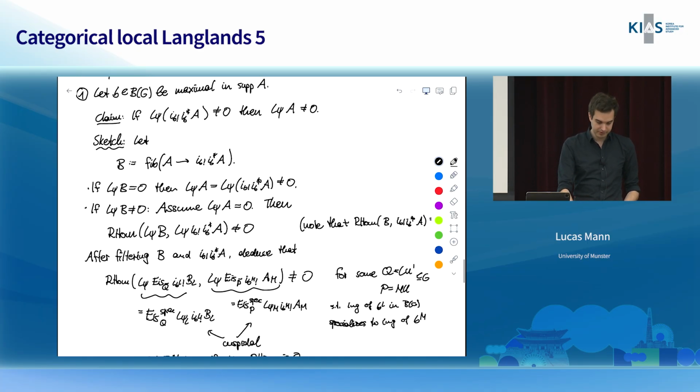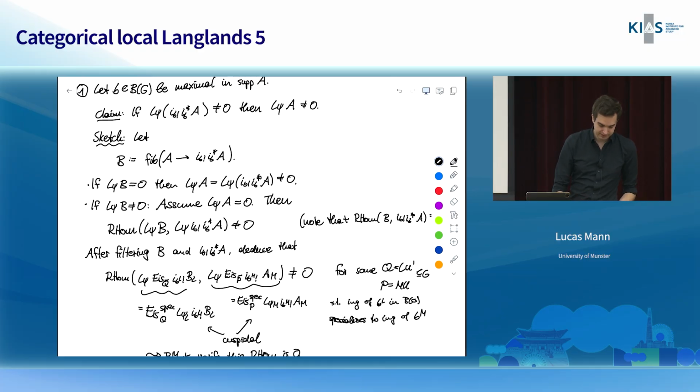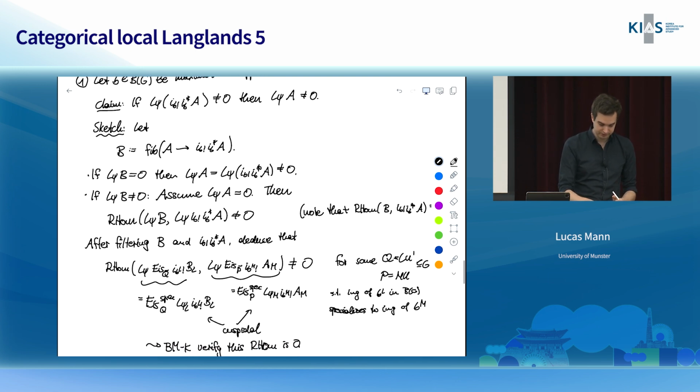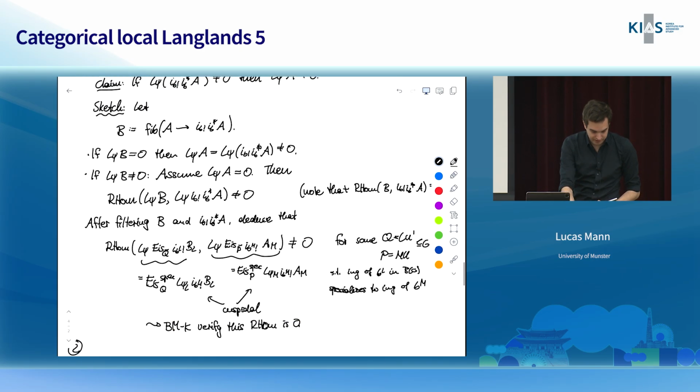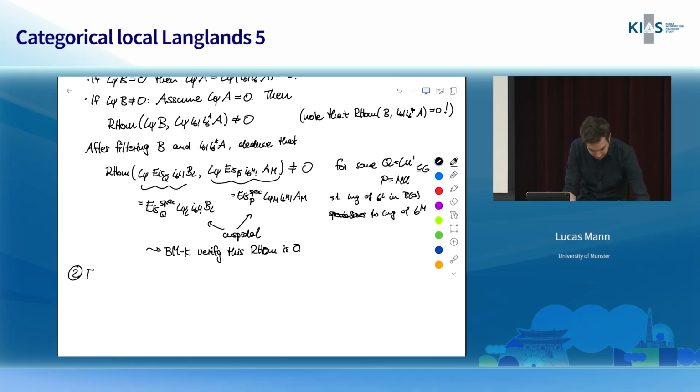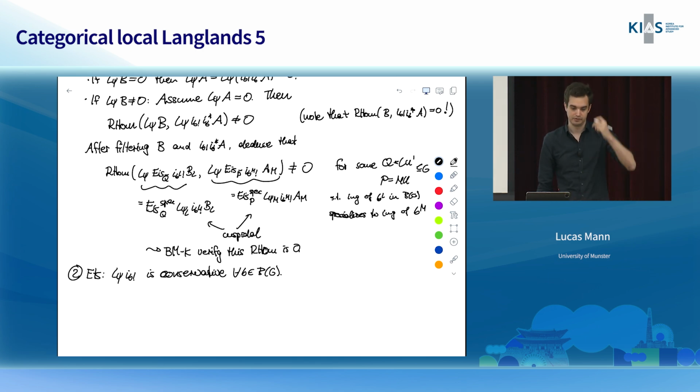And now, so what does this mean? So as soon as I know that, well, I guess just from this lemma, it follows immediately that it's enough to show now L psi IB lower shriek is conservative, for all B in B of G, right?